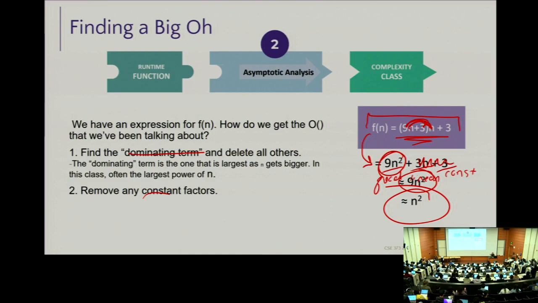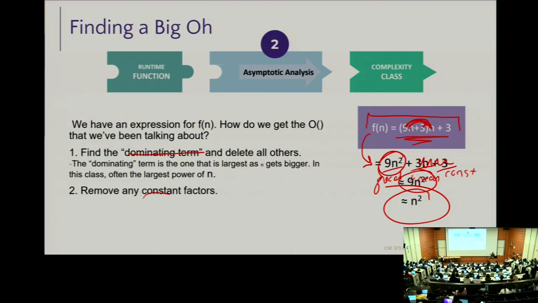And then again, because we are looking at this asymptotically, meaning as the inputs tend to infinity, the difference between 9n squared or 2n squared or 10n squared or even 1000n squared all sort of drop away.